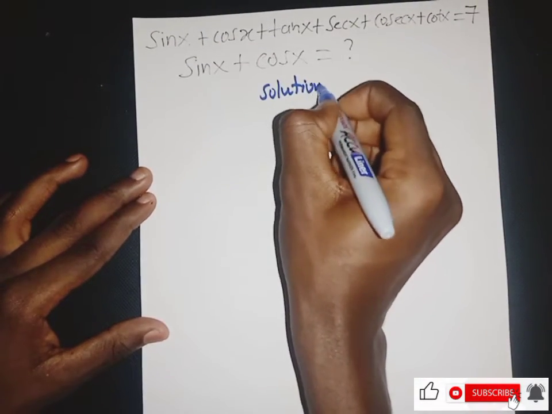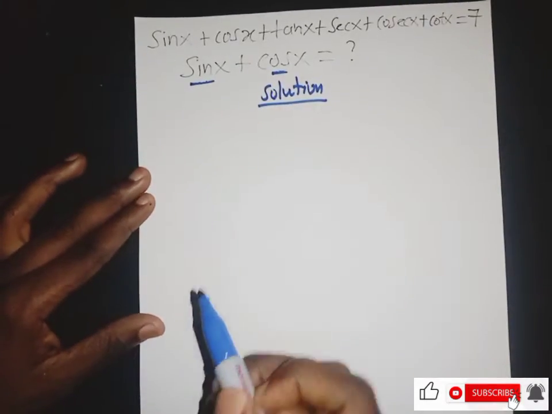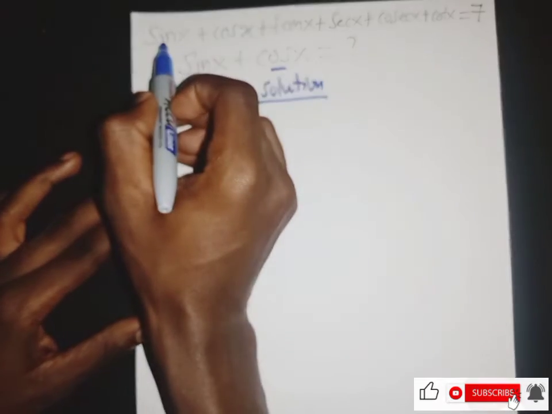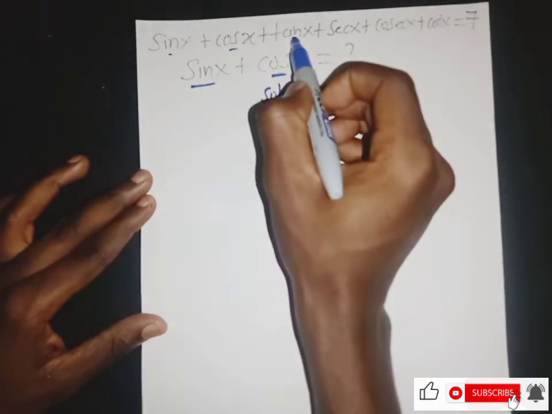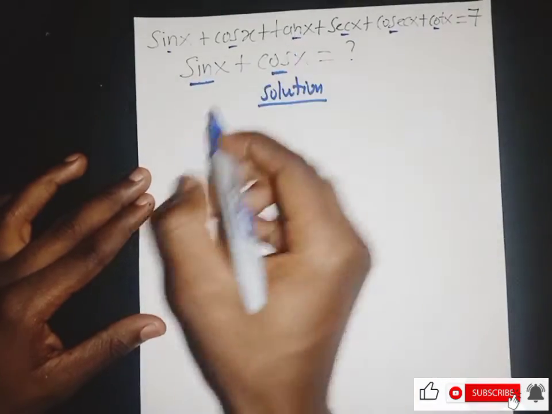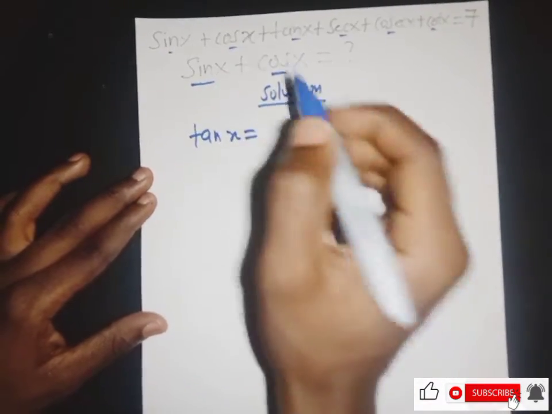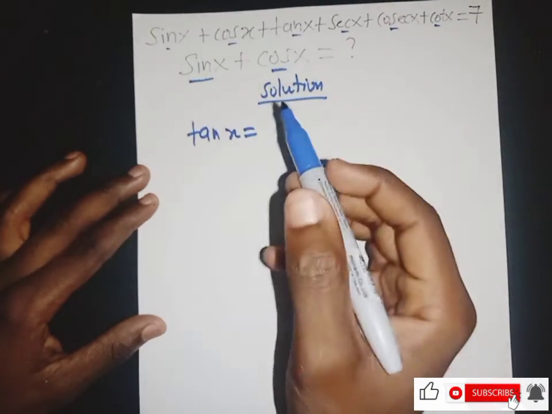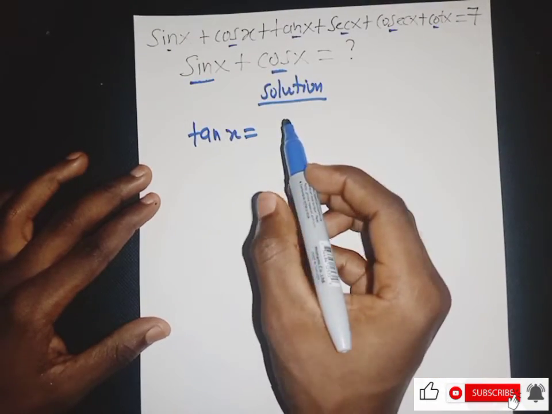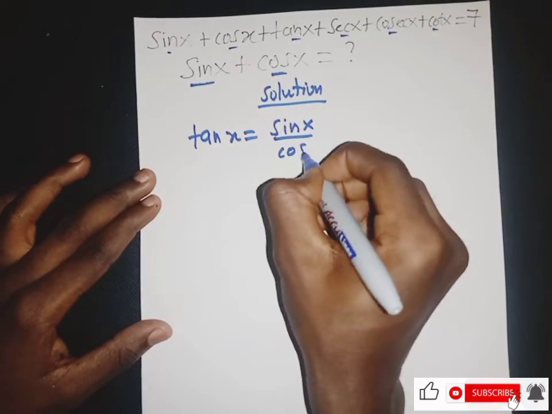Before we do that, since we are looking for sine and also cos, what we are going to do is write tan, sec, cosec and cot in terms of sine and cos. Tan x is just sine x divided by cos x.